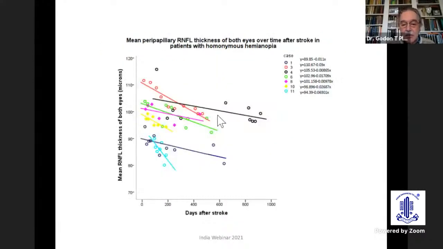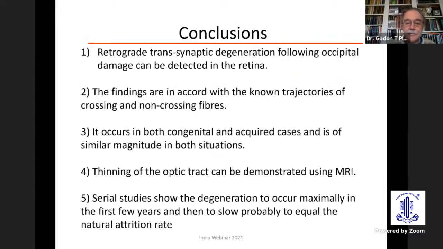And then here are a few cases we looked at over some years following their stroke. And other than this patient who probably did have lateral geniculate nucleus involvement with the stroke, you can see this is a slow process carrying on over a matter of years, but it really does occur. So it's interesting to look again at the congenital cases to see what kind of residual vision they have compared to these acquired strokes.